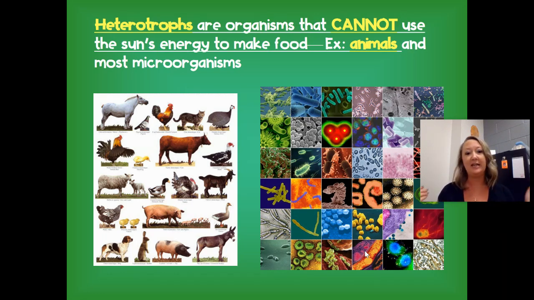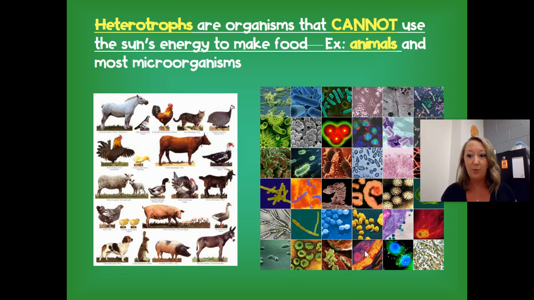And so things like chickens, cats, donkeys, different types of bacteria and fungi, they all break down other organisms to take the glucose that they made from that process of photosynthesis, and then our body cells can turn that glucose into ATP energy, right? So we're all relying on that energy that gets captured by those autotrophs.